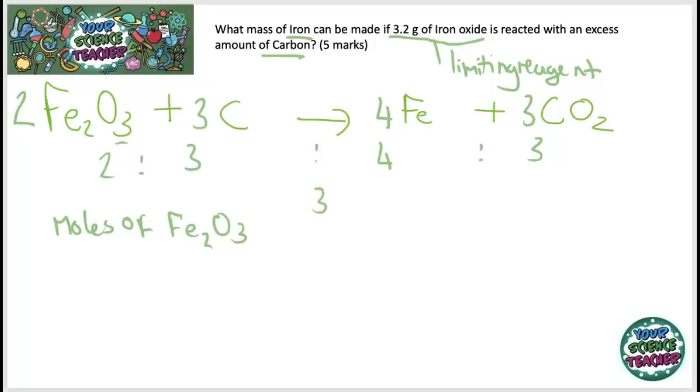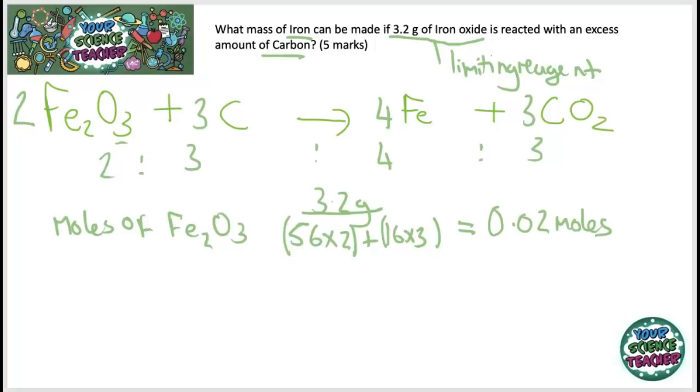So I'm going to do my 3.2 grams divided by, I have 2 Fes, and Fe has a mass of 56, so 56 times by 2, and I'm going to add that to, there's 3 oxygens, and that's going to be 16 times by 3. And that comes out a really nice number of 0.02 moles.